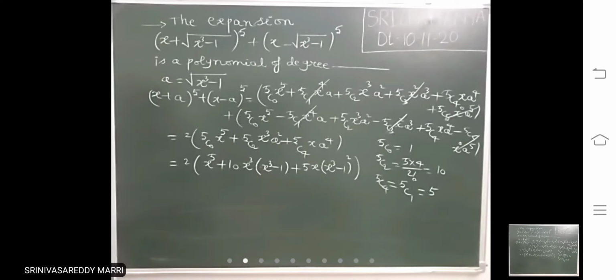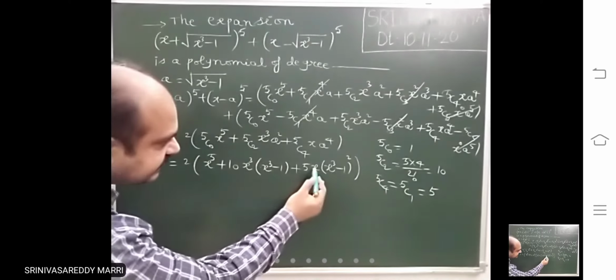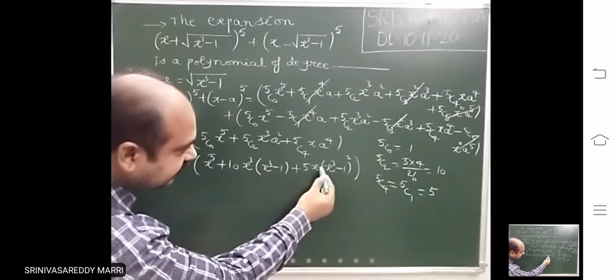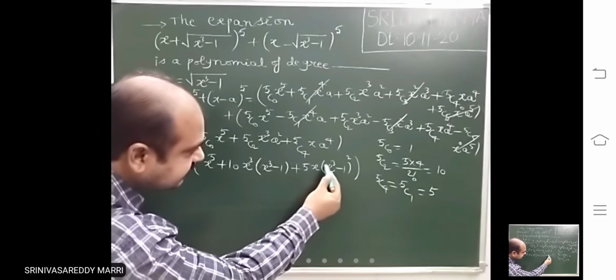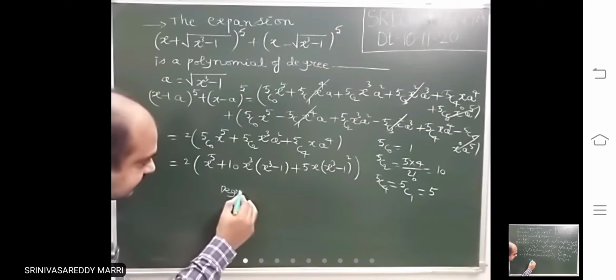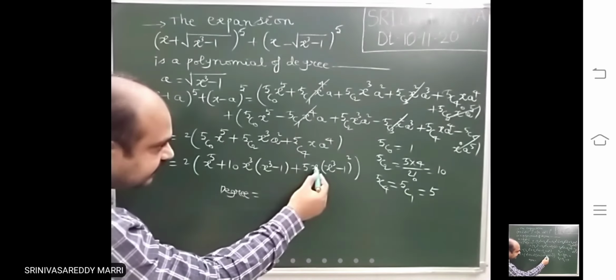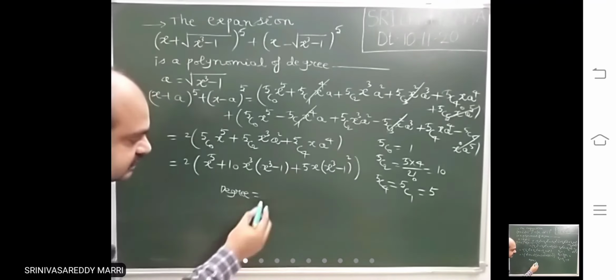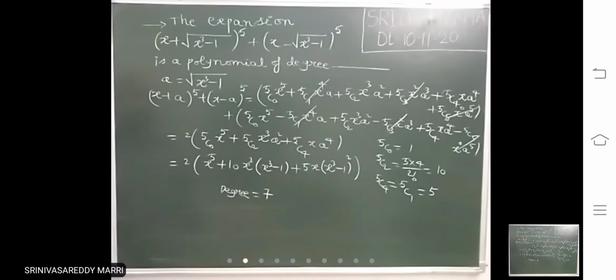So he is asking to find the degree. You can clearly observe the highest degree. If we multiply x into x power 6, the highest degree means x into (x cube) whole square. Degree means 7. There will be no radicals involved.